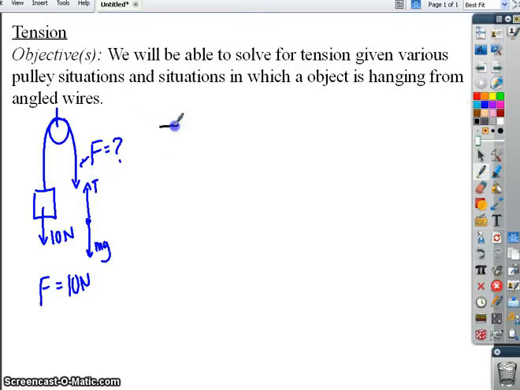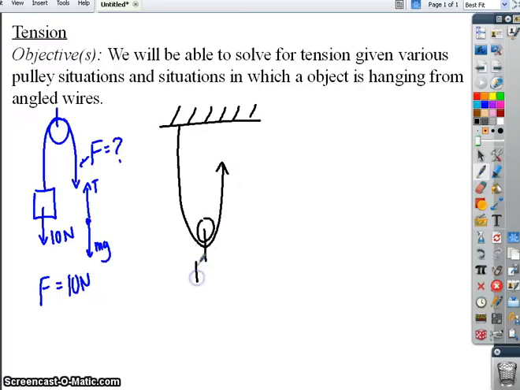So, we're going to have a ceiling here. Let's draw another pulley with another box, and the box is also going to pull down with 10 newtons. This pulley and this box are attached, so whenever we pull up on this rope, it's going to pull the pulley and the box up.